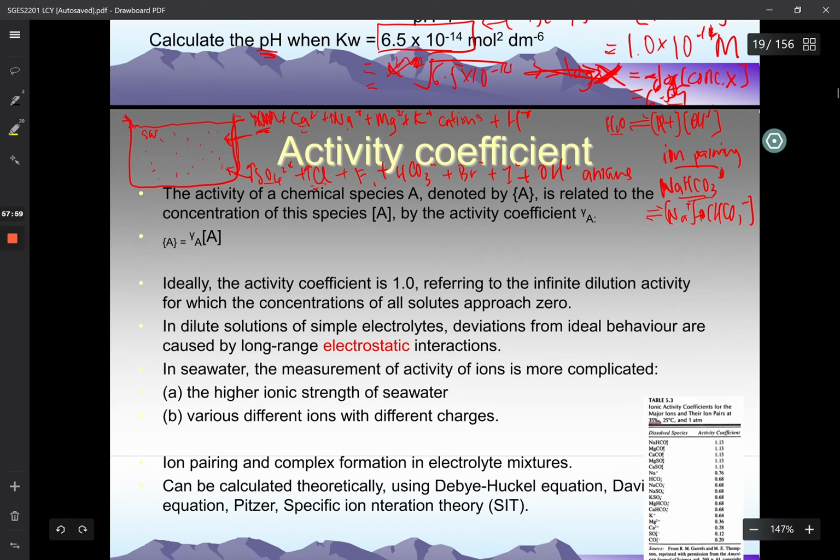These positive and negative charge ions may constantly bind and then dissociate again. So if you get all these more and more concentrated and more congested, then you get more affinity or more possibility of this pairing to form.